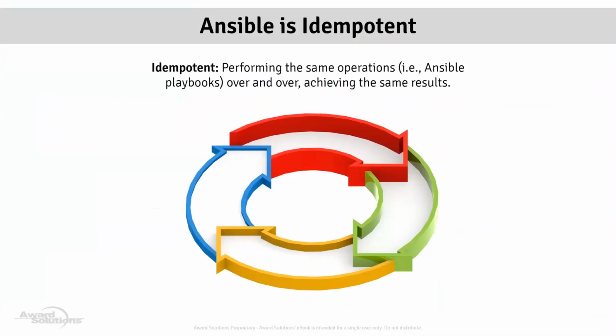It doesn't create another one. It doesn't create a variation of the name. It doesn't overwrite what's already there. It says, oh, that user's already created. Let's move on. So every time I ask it to run, the results will be the same. I want the end result to be 1,000 users with this username. At the end of the day, all 1,000 servers have that username, no more, no less.